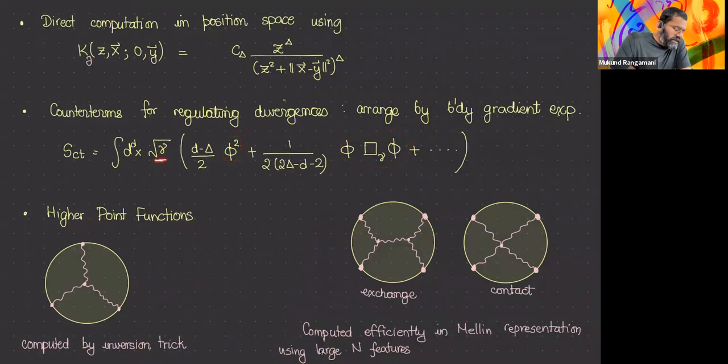So if I have a boundary metric gamma, I can add counterterms that are quadratic in the boundary values of the fields up to derivative corrections, and you can work out, depending on what the dimension of the operator is and what spacetime dimension you're in, how to cancel divergences order by order in boundary derivatives. So this delta gamma is like a factor of p squared.